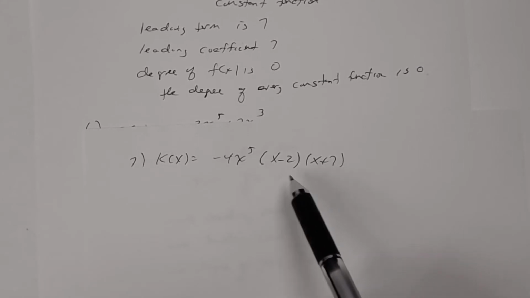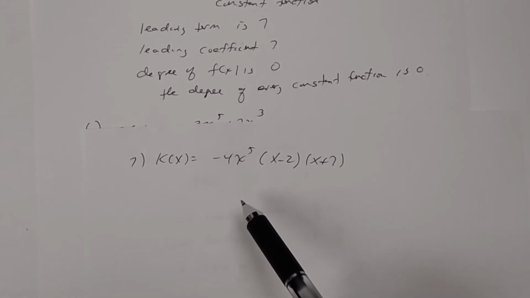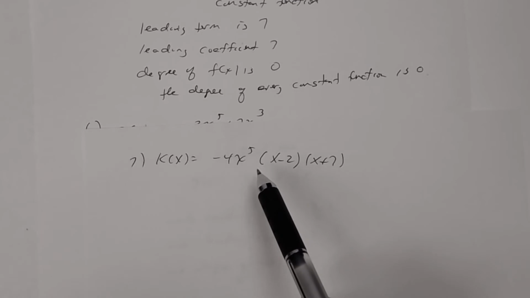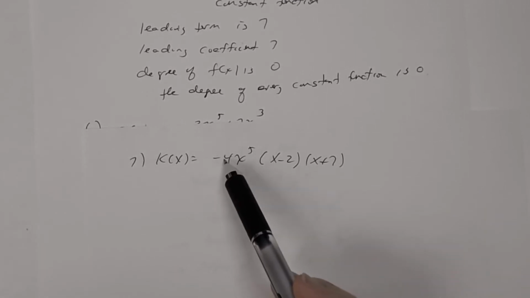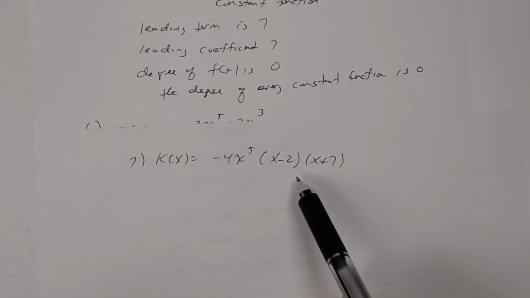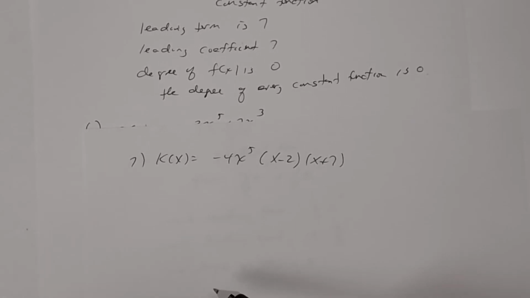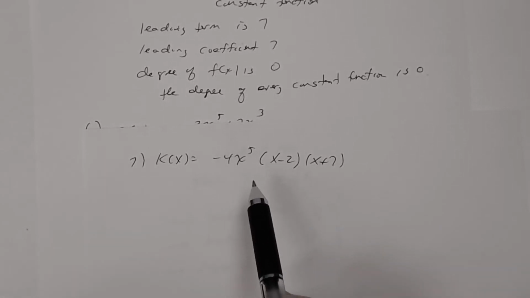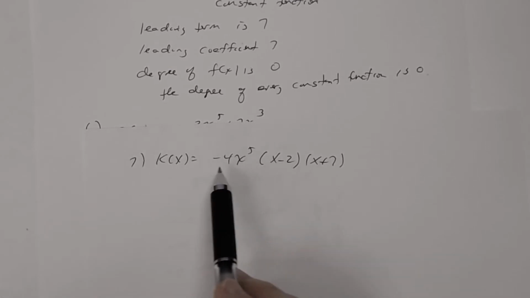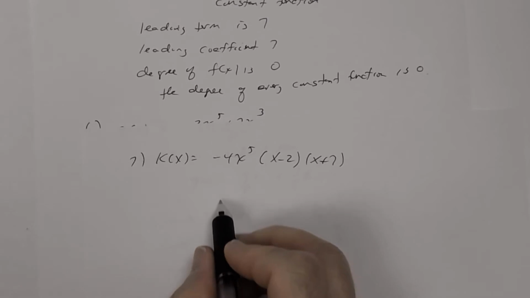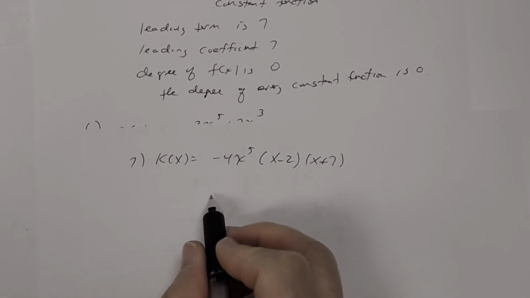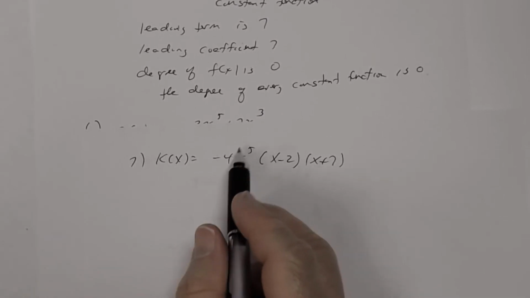So remember, last semester when you factored polynomials, you wrote them as a product of factors, whether it's a monomial or a binomial or a trinomial, whatever it may be. Okay? Now here's what I want to do though. I want you to understand that if I asked you what the leading term is, some of you would say this.